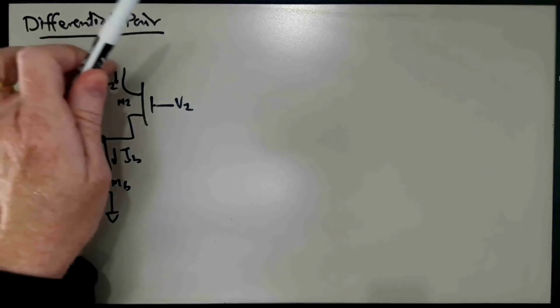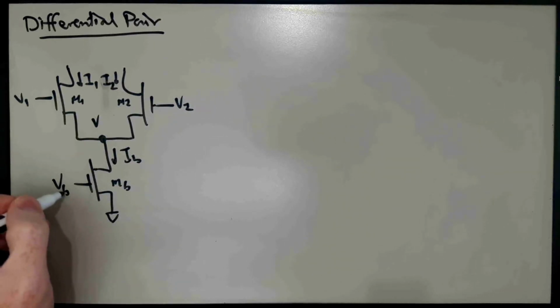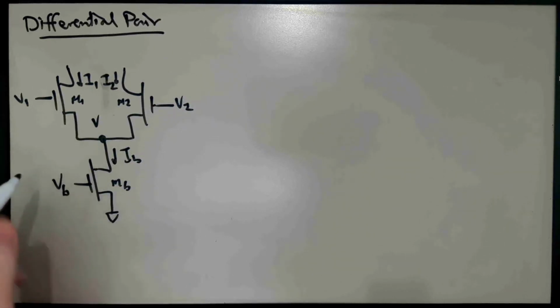We did a large signal analysis of the operation of the differential pair with a weak inversion bias current last time. We want to finish up a couple of things there.